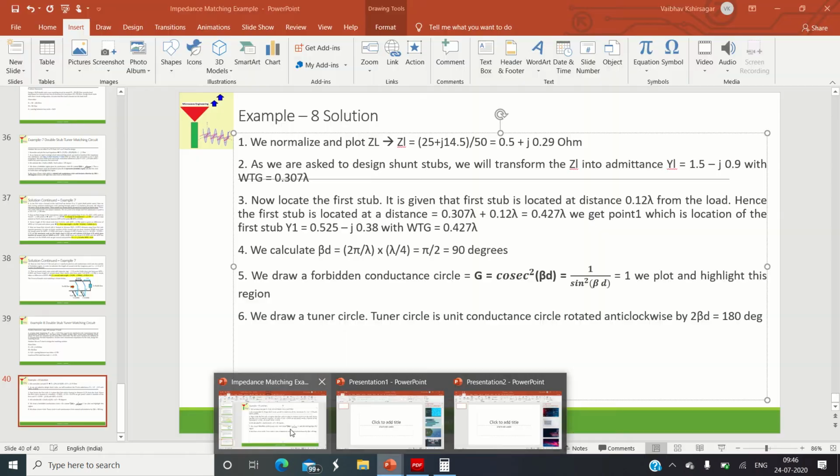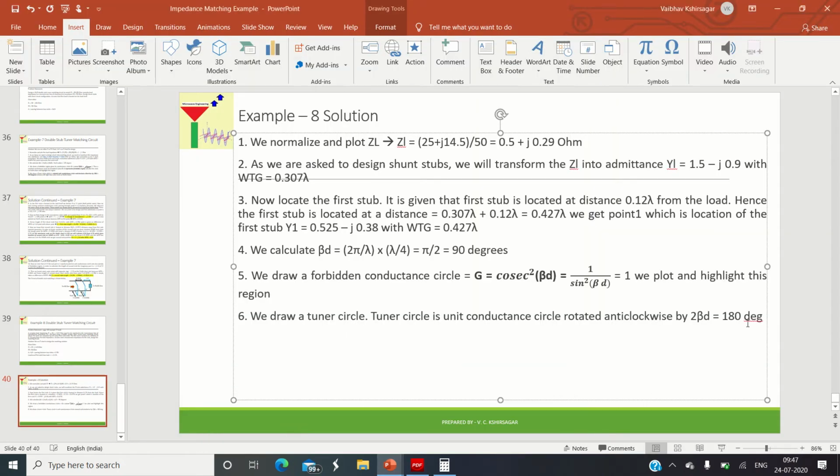Here I will write in the PowerPoint presentation: this circle, for your understanding, is shown with light blue color. Similarly, the forbidden region is shown with a pink color. So the tuner circle is now drawn.